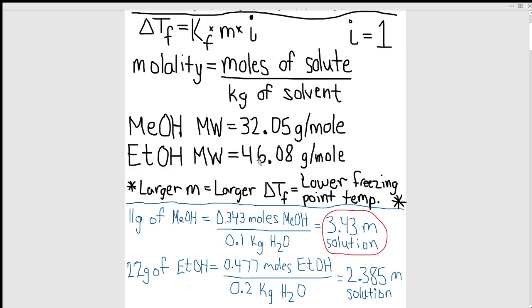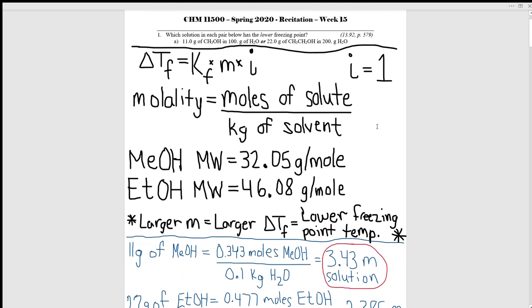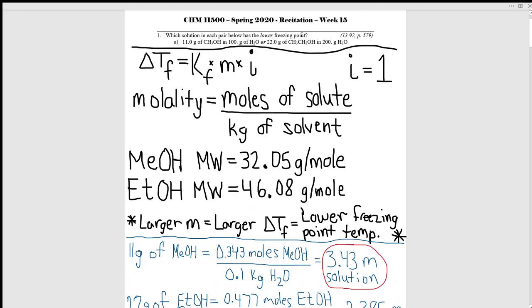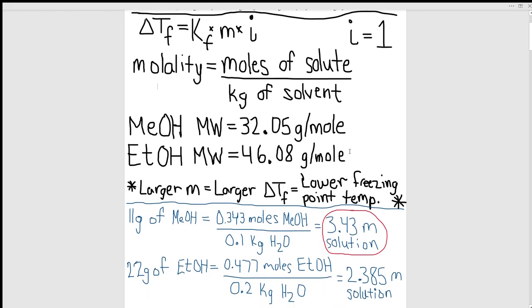Remember that delta T_F represents the change or the decrease in the freezing point of the solution. So if we have a large decrease, that means we're going to have an even lower freezing point than what we originally had. So to find the solution that has the lower freezing point, we want to find the solution that has the largest delta T_F value.